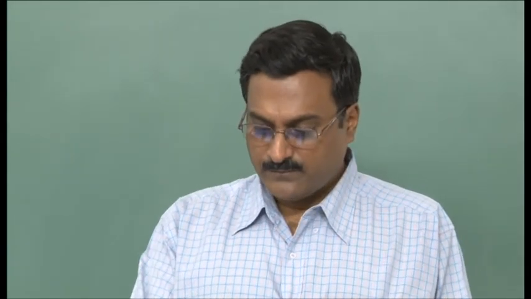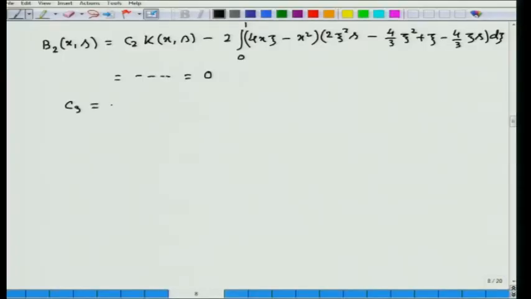And once you have b2(x,s), this is equal to 0. So, immediately C3 equal to integral 0 to 1 b2(x,x) dx is equal to 0, and using the formula for b3(x,s) you can calculate this is equal to 0.